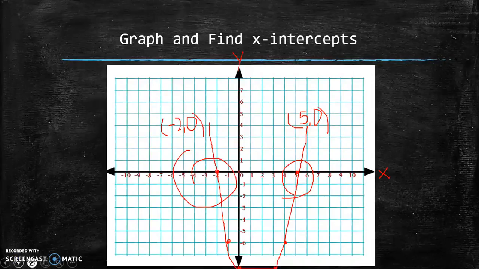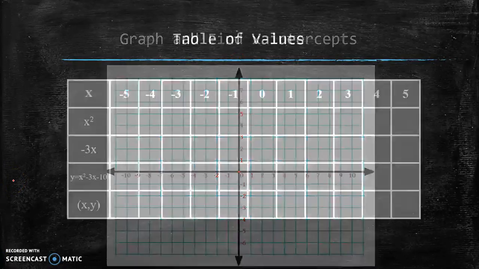Because we found the x-axis intercepts of 5, 0 and negative 2, 0, we know that x equals negative 2 and x equals 5.